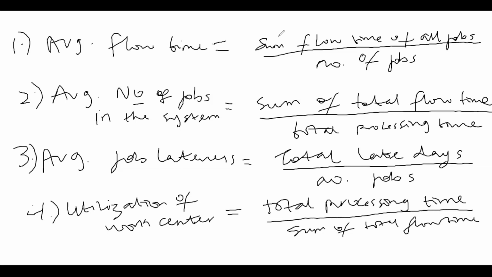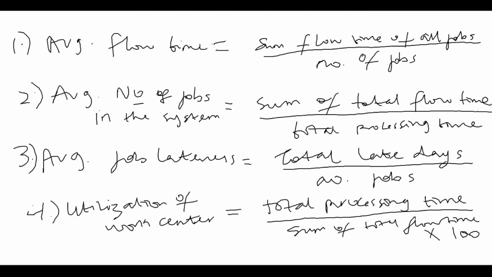Total amount of time they spend working on the things divided by the total time it takes them to move everything out of the system, times 100, because your utilization of work center is a percentage figure.